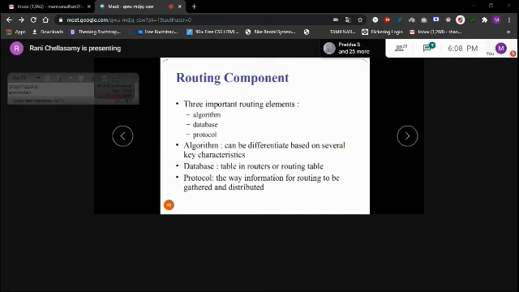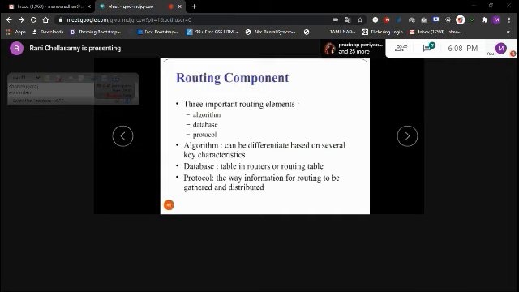The routing algorithm has to satisfy some criteria. What is optimality? That is, it has to compute the best route, the best path.